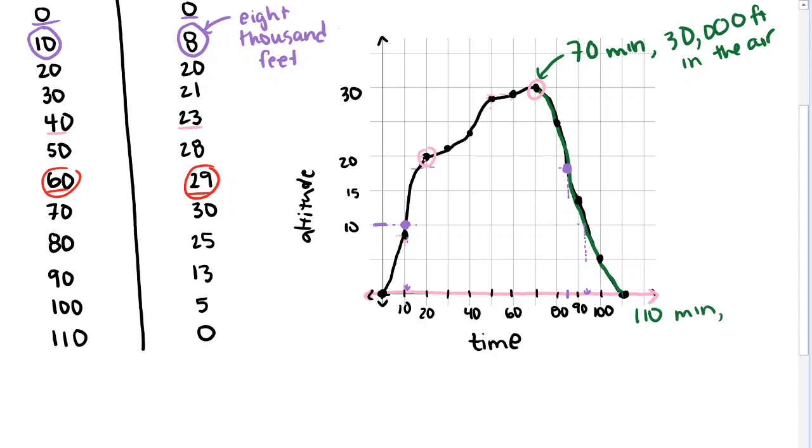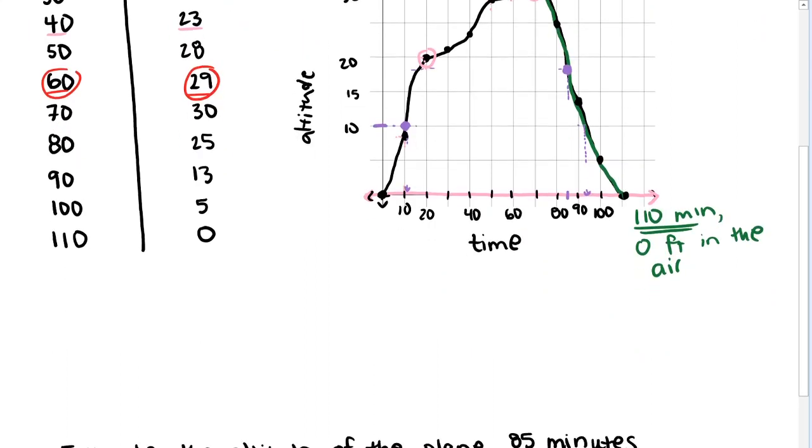The plane is at 0 feet in the air. And between that time, the plane is constantly decreasing its elevation, going down, it's descending. So between 70 minutes and 110 minutes, the plane is descending.